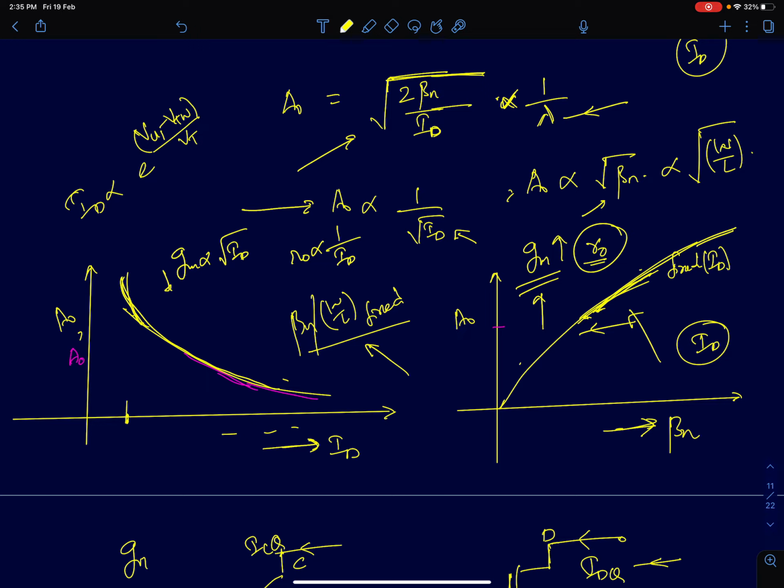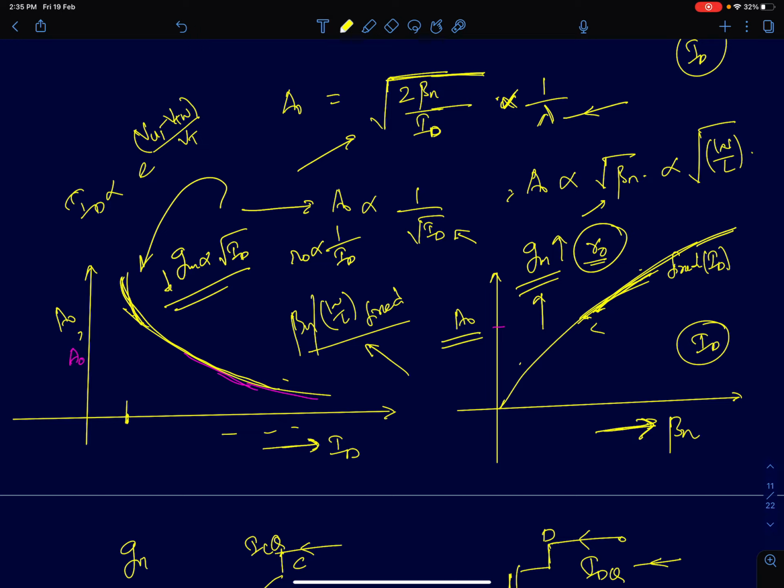As per this equation, if I choose an exceedingly small drain current, I should get a really large intrinsic gain. For a given W by L, as per the first graph, for an exceedingly small drain current, the intrinsic gain should be exceedingly high. Similarly, for a given drain current, as I keep increasing this W by L ratio to a really large value, your intrinsic gain should also increase significantly.